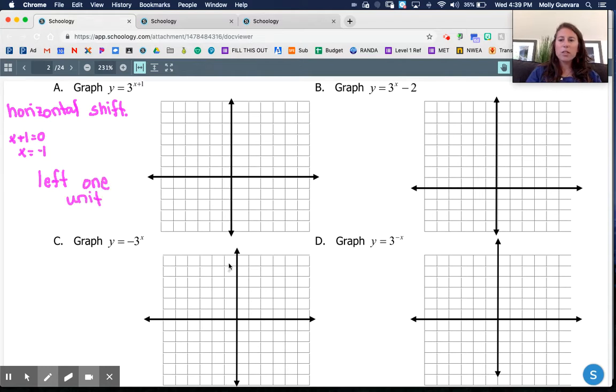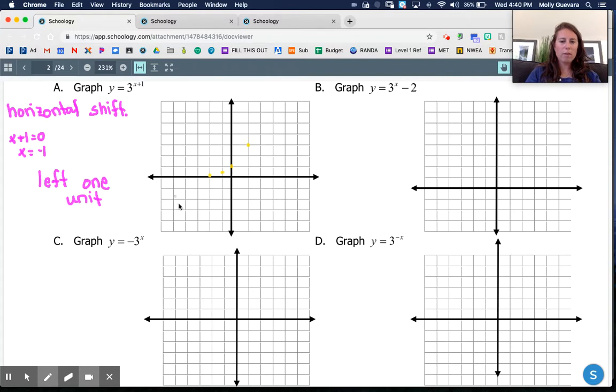So let's go through and write down the parent points, and I'm going to do that in yellow. The parent points of this graph: it's 3 to the x, so negative 2 would be 1/9, negative 1 would be 1/3, 0 is 1, 1 is 3, and 2 is 9.